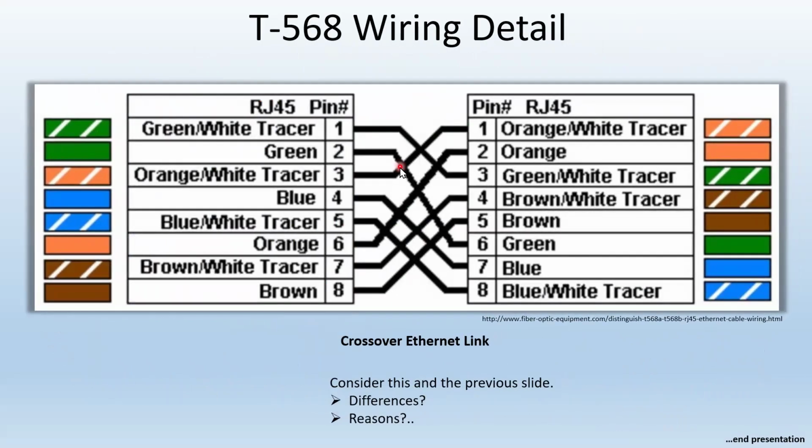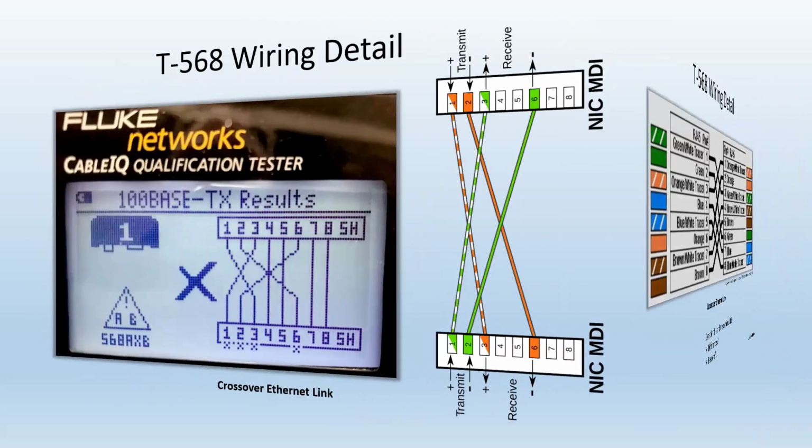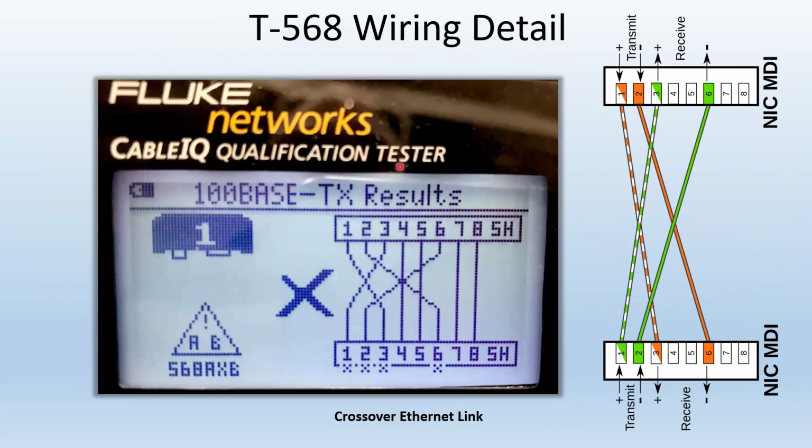Now, when you Google crossover data link or something like that, sometimes you're going to see a picture where the oranges and greens are crossed over, and the blues and the browns are going straight through.